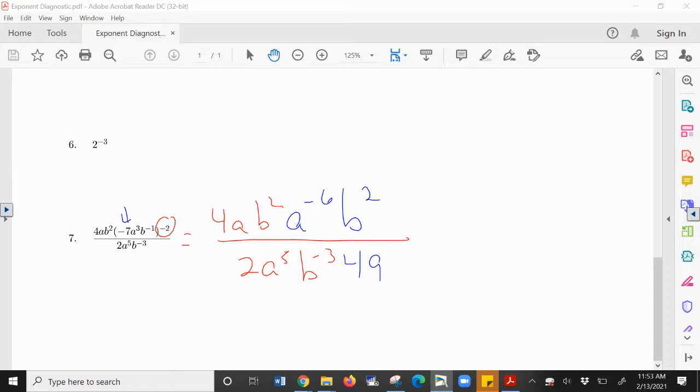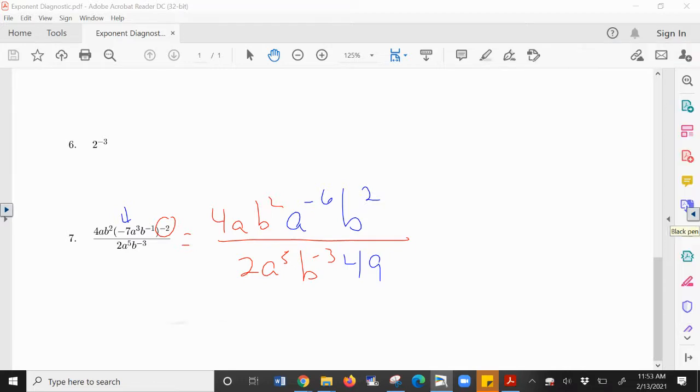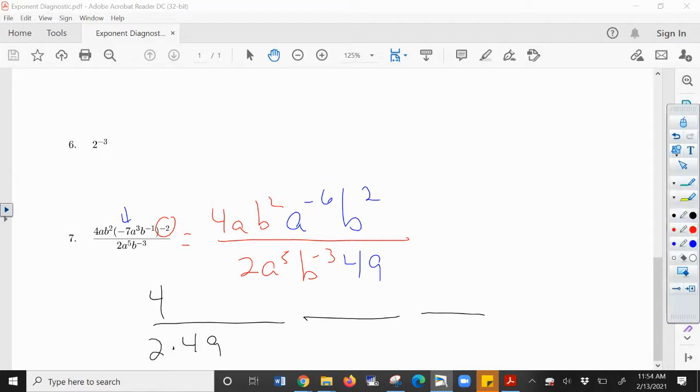Now I could have done this differently, but I'm doing it this way because I think it might be easier. So now I'm going to take a look at all the different parts of this problem separately. First, the number parts. I've got a 4 in the top, I've got a 2 in the bottom, and I've got a 49 in the bottom. You don't have to do it like this, I'm just trying to make it easier.